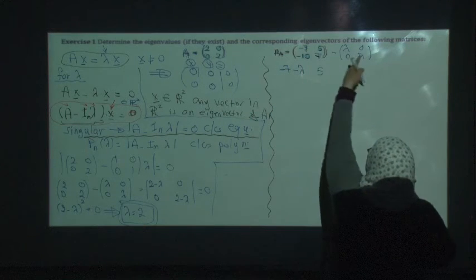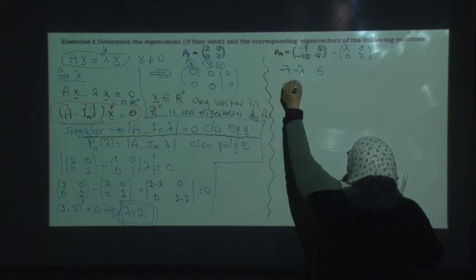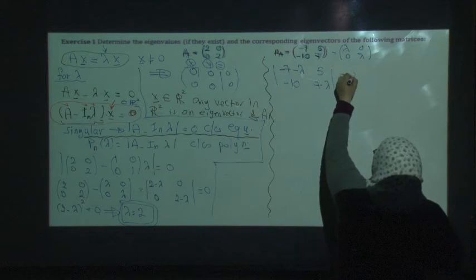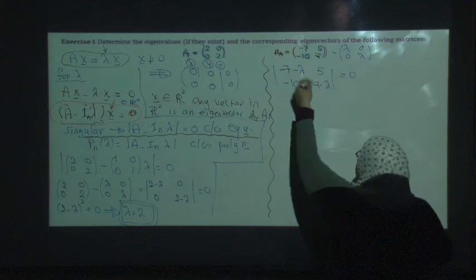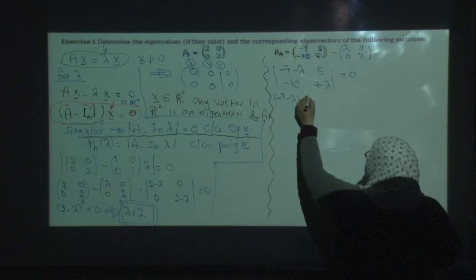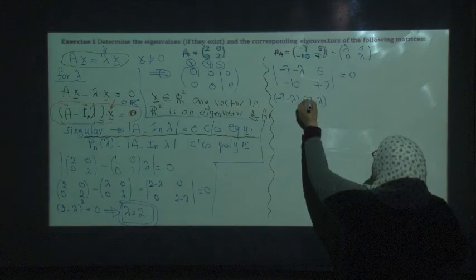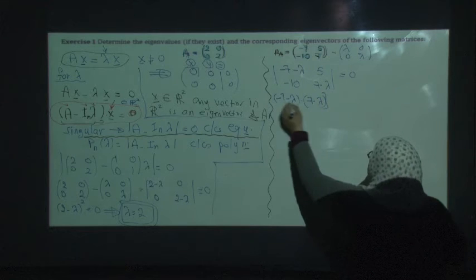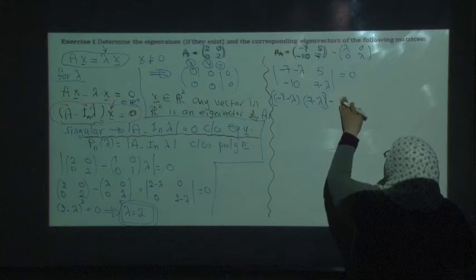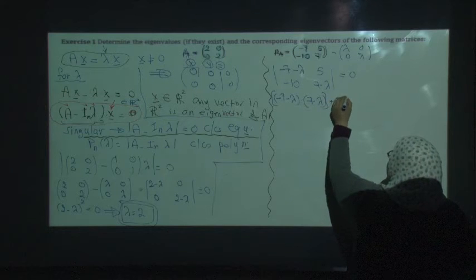Do this subtraction directly, and we get this matrix here, 5, then -10, and 7 minus lambda. Solve this determinant. If it's equal to 0, we will multiply the diagonal, -7 minus lambda multiplied by 7 minus lambda, and this product is minus the -50, so we can write it directly as plus 50.